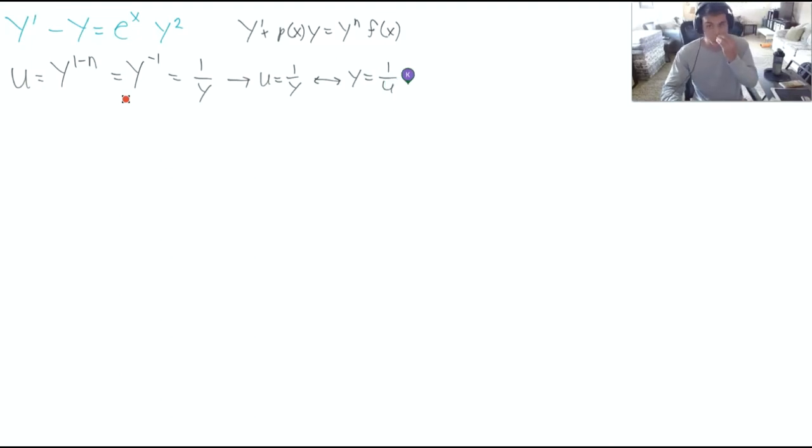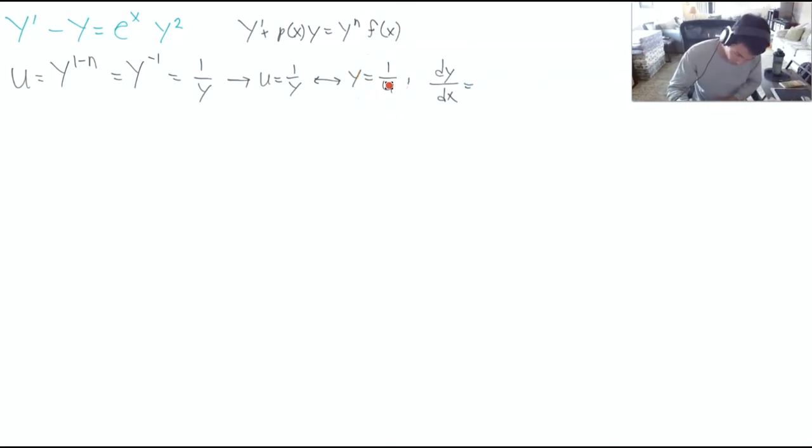Specifically, we want to use this relationship to replace all the y's with u's. So if we take dy dx, that means we're taking the derivative of this as well.